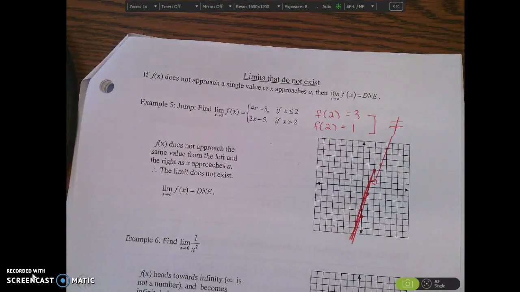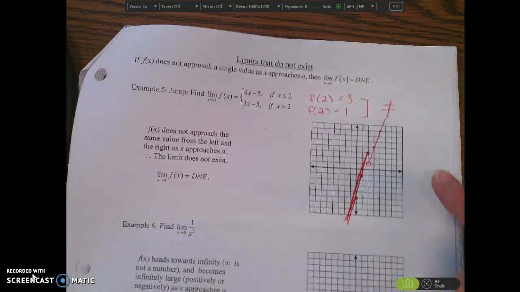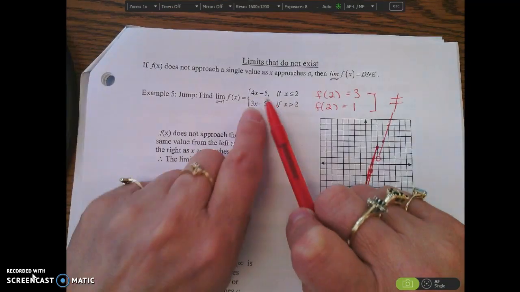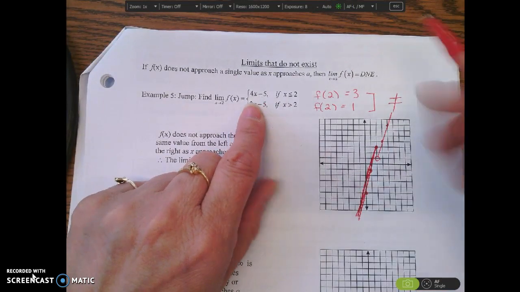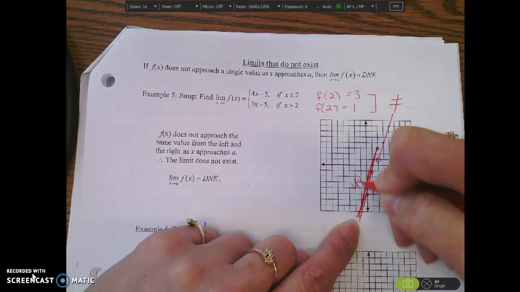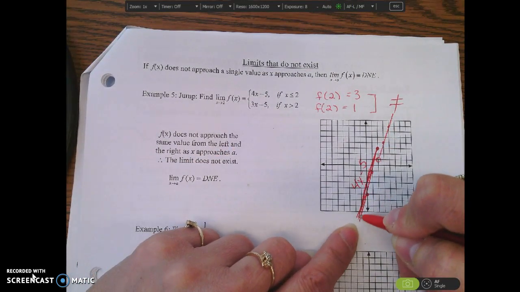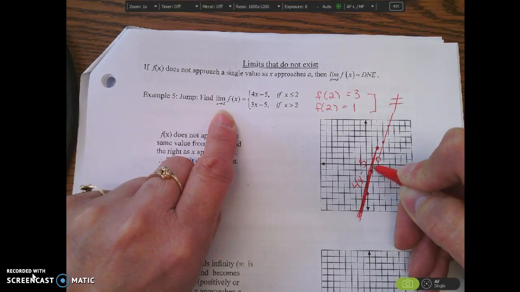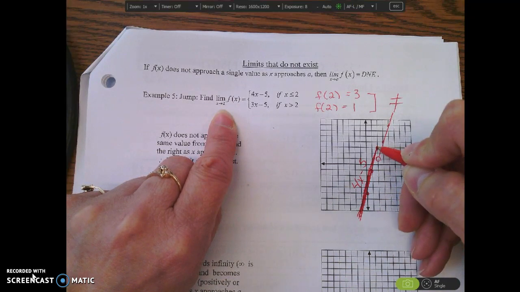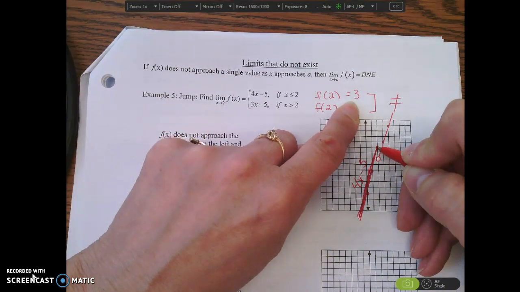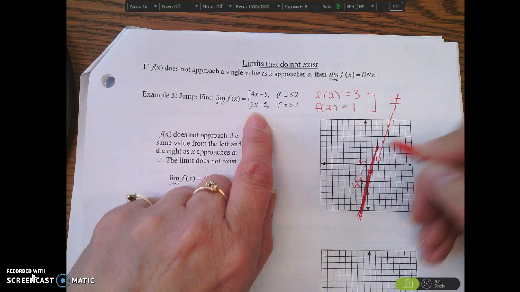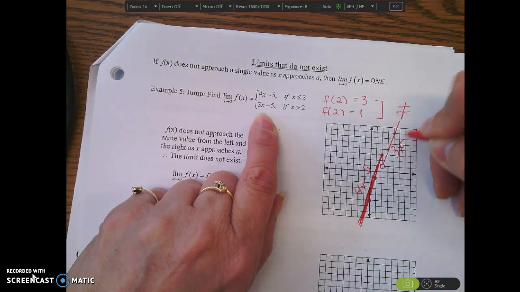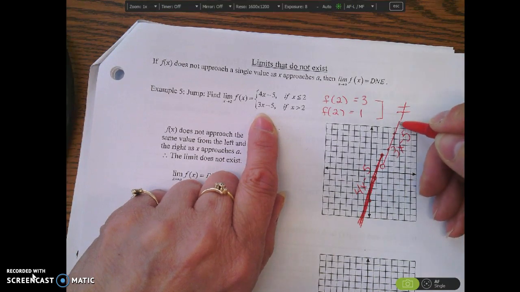Now, we're going to look at 3 examples of when a limit does not exist. In this piecewise function, the graph of 4x minus 5 is right here. As x approaches the value 2, our function value approaches 3. For this other piece, 3x minus 5, here's the graph of it.